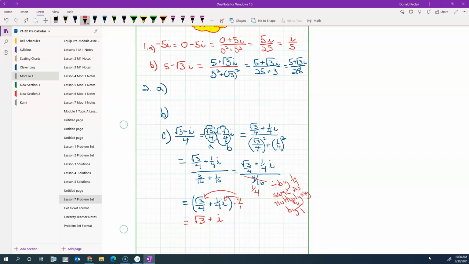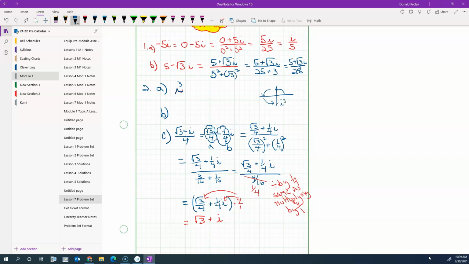Okay, let's do one more here. How about i cubed? The first one. Okay, now remember when you went around the circle, what did i cubed land on? What's it the same as? Yeah, this is i, this is i squared right here, and that's i cubed.